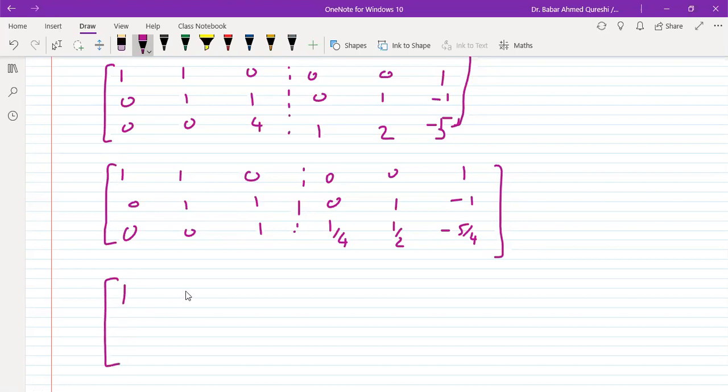So let me do it in one step. So second row is being added above with a minus. So -1, 2, and this row is being added over here.